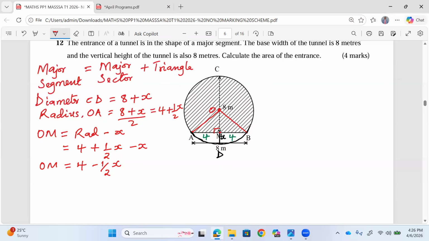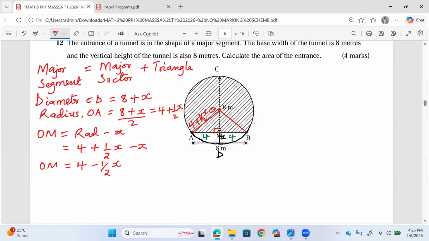Allow me now to come up with some relation here. OA is the radius, which is 4 plus half x. Then vertically, we have OM, which is 4 minus half x. Then horizontally, we have A to M, which is 4.